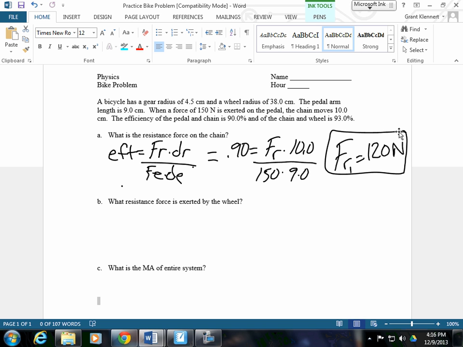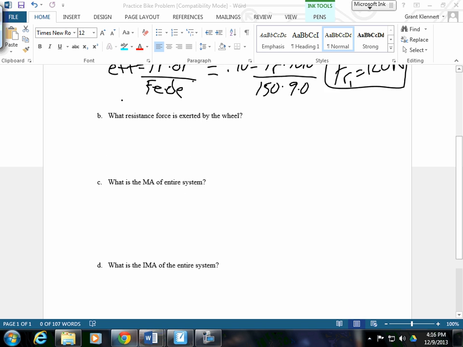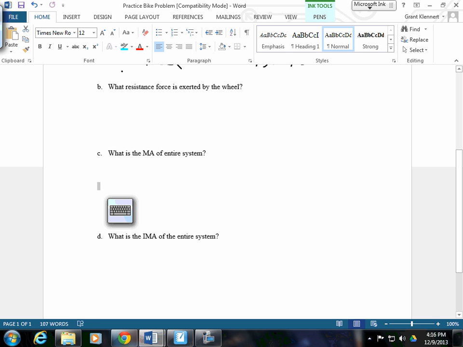So we move onward, and we want to solve for the resistance force exerted by the wheel. We are almost there. We're going to do the same exact thing. Now we are solving for FR2. We have FE2, DE2, and DR2, so we can solve.